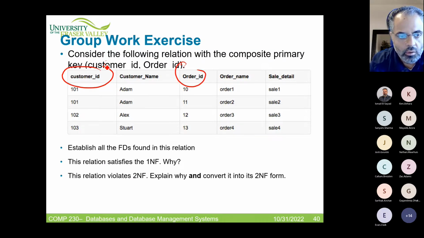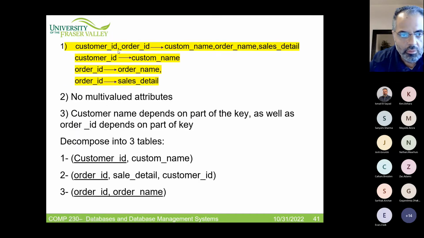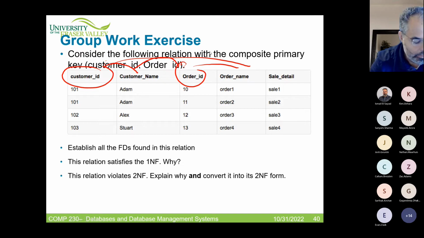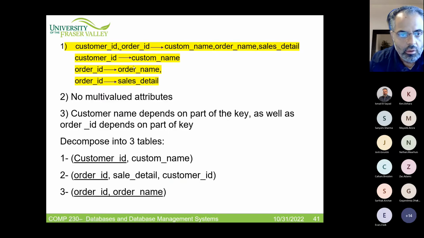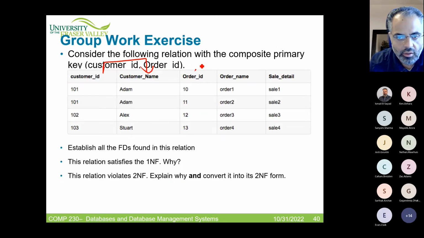By default, the primary key will give all the others. Customer ID, as Josh has already said, gives customer name. And order ID gives order name, and order ID gives sales detail. And you can say order ID gives both at the same time.